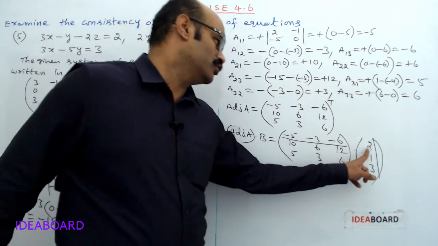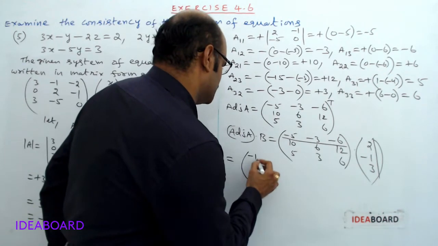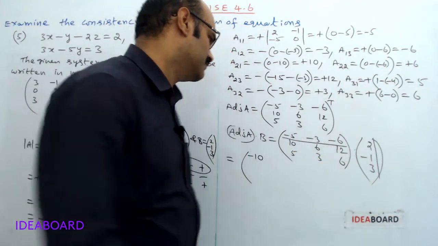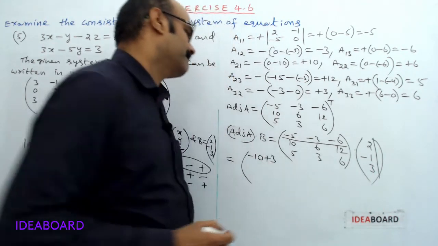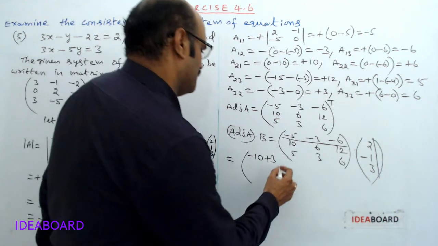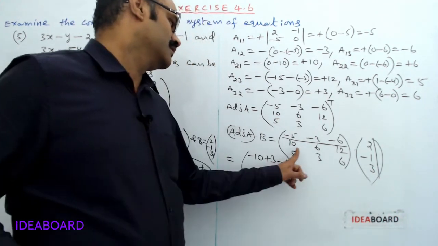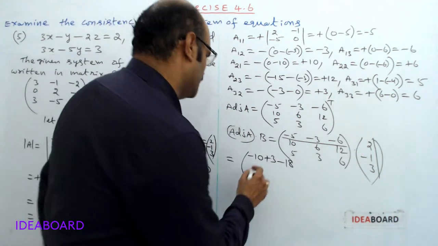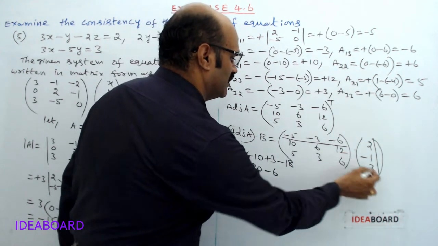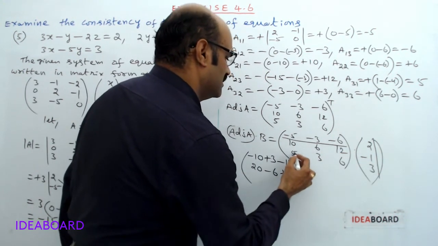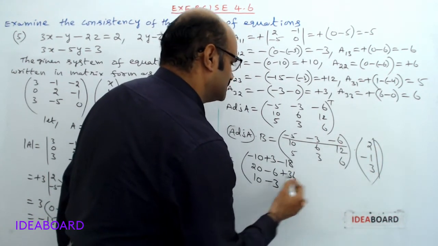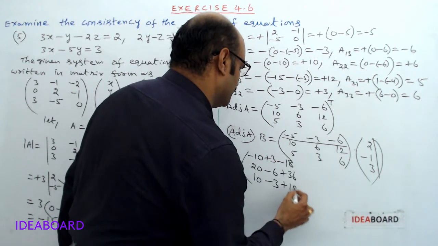Minus 5 into 2 is minus 10, minus 3 into minus 1 is plus 3, minus 6 into 3 is minus 18, 10 into 2 is 20, 6 into minus 1 is minus 6, 12 into 3 is 36, 5 into 2 is 10, 3 into minus 1 is minus 3, 6 into 3 is 18.